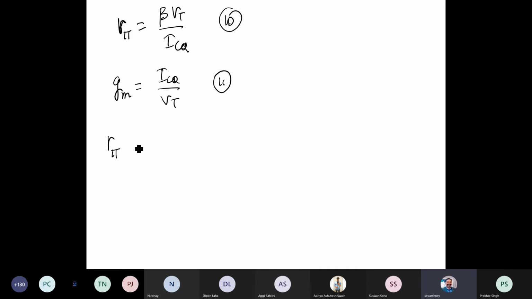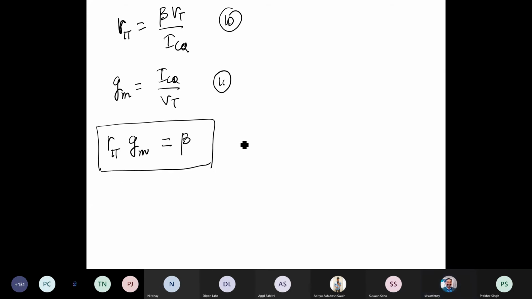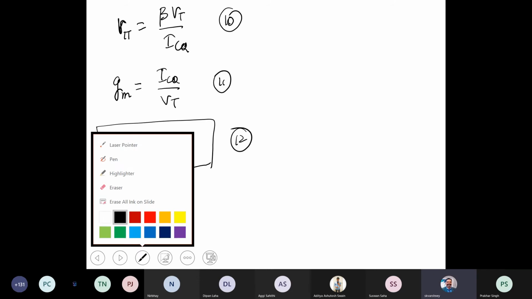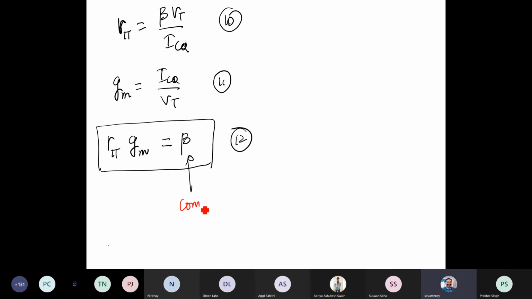If I multiply R pi and gm, it would simply be beta. That's equation number 12. So this term we call the common emitter current gain, the common emitter current gain factor.